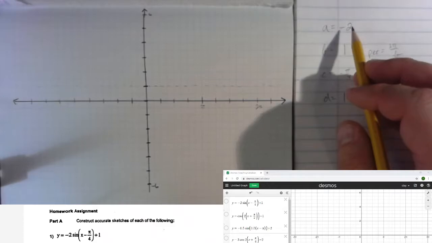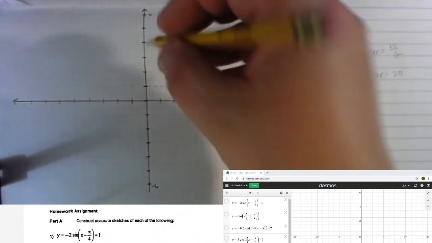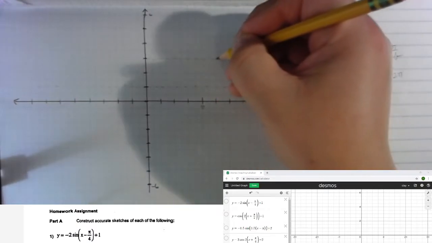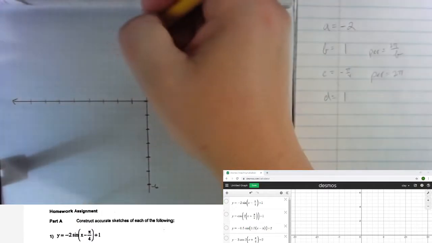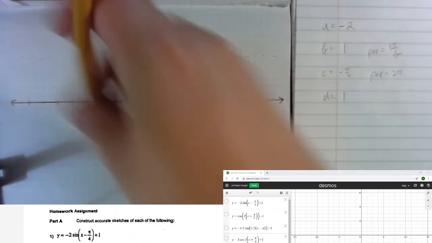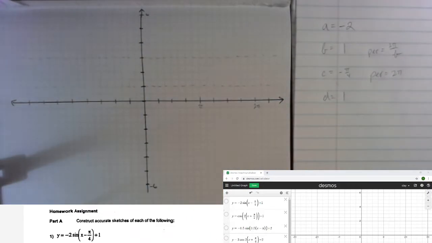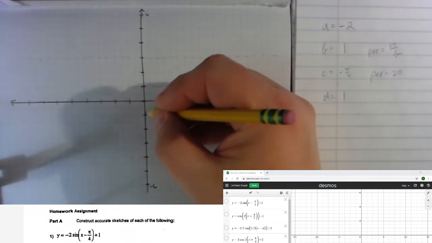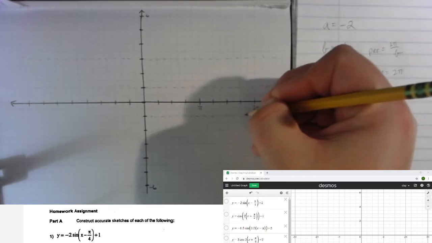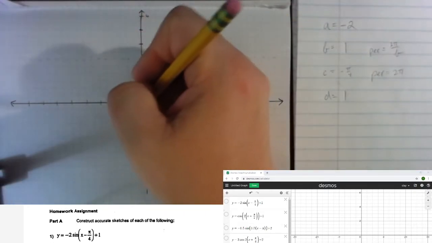Notice I'm not looking at the negative right now, I'm just looking at 2, which tells me that the amplitude is 2, so it has to go up 2. I guess, yeah, up 2 and then down 2. So 1, 2. So there's my max and my min.